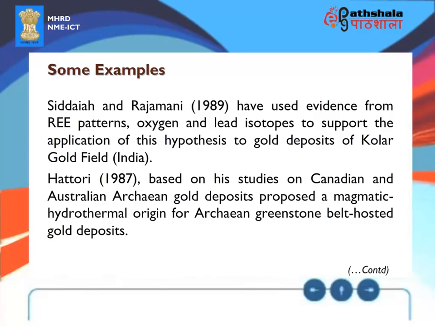Siddhaya and Rajamani 1989 have used evidence for rare earth element patterns, oxygen and lead isotopes to support the application of this hypothesis to gold deposits of Kolar Goldfield, India. Hattori 1987, based on his studies on Canadian and Australian Archean gold deposits, proposed a magmatic hydrothermal origin for Archean greenstone belt hosted gold deposits.